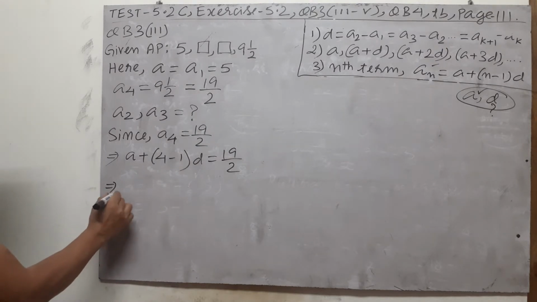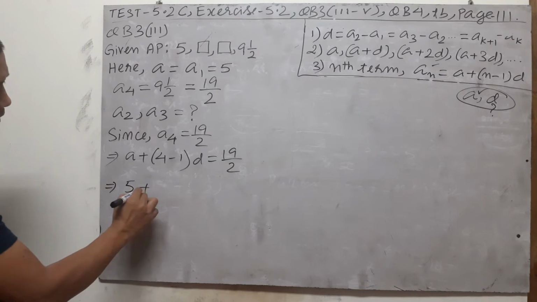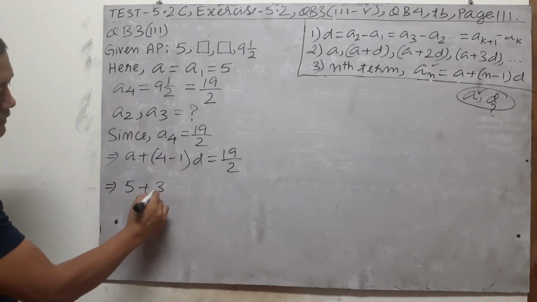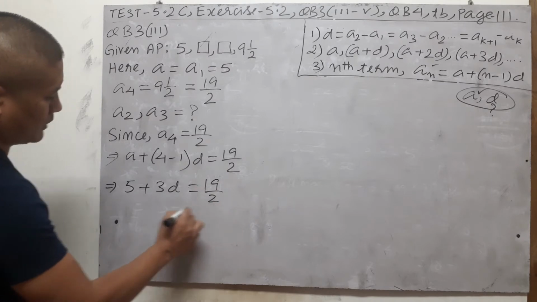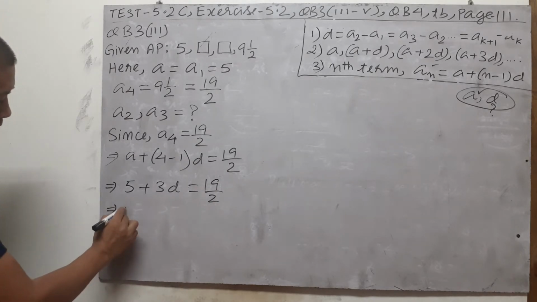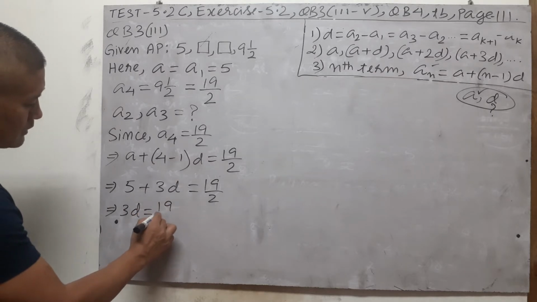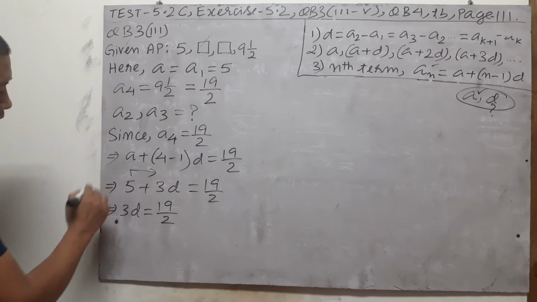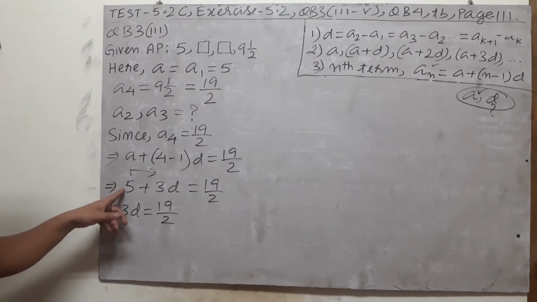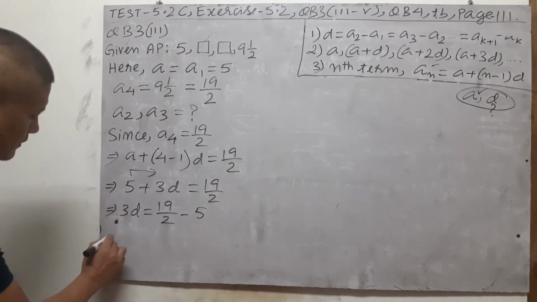So 4 minus 1 into D is equal to 19 divided by 2. A is already there, so 5 plus 4 minus 1 is 3, D is equal to 19 by 2. So 3D is what we need to find. Don't touch that, and 19 by 2, same 2. Shift this 5, no sign in front of 5 means plus, go to the right side, minus 5.